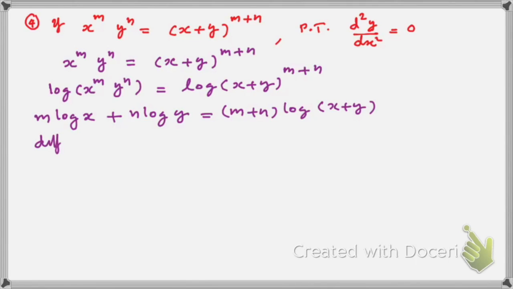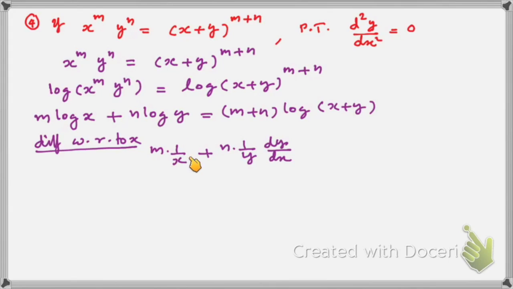So now we say differentiating with respect to x. So differentiating with respect to x, m log x, derivative of m log x, m is only a coefficient, into log x derivative is 1 by x, and you are done with that, plus n log y, n times log y is 1 by y into dy by dx. On the right side, there is m plus n as the coefficient, which I have to copy first. That's the coefficient.